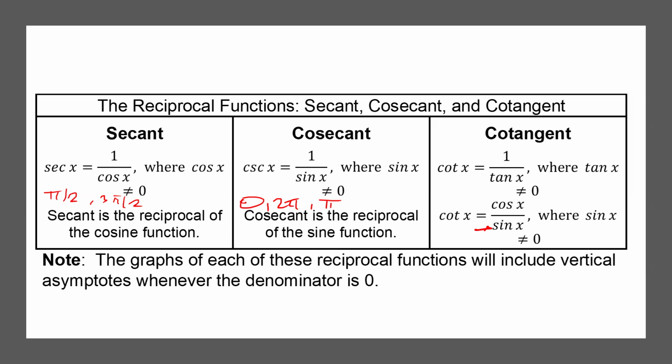So it's going to be at 0, 2 pi, and pi, following the same rules as sine. So at all of the multiples of these places is where we're going to have our vertical asymptotes. Whenever the denominator is 0, that's why we have those vertical asymptotes, those imaginary boundary lines that we will not be able to cross.